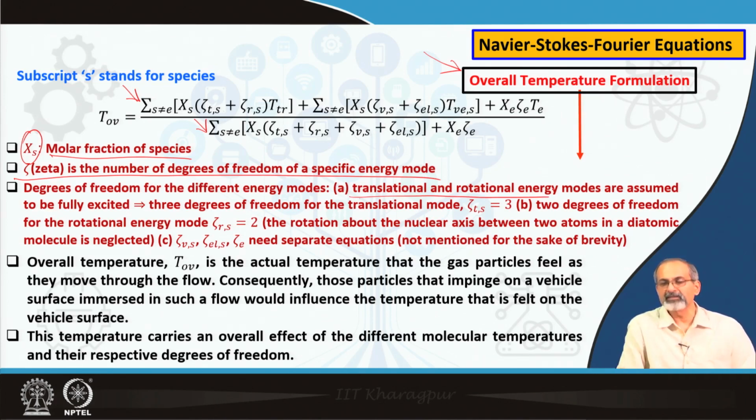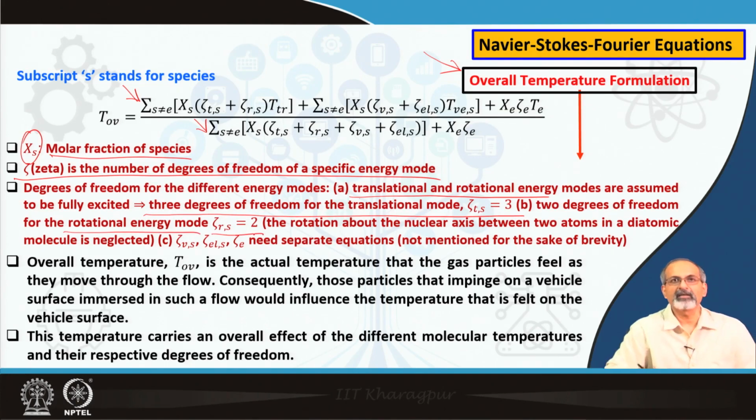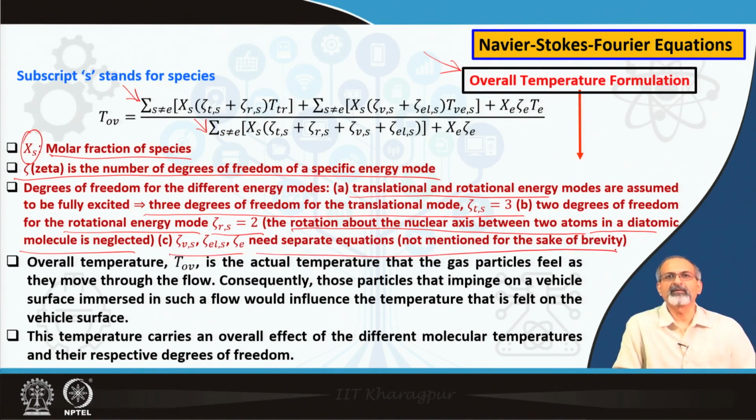Translational energy mode is assumed to be fully excited, therefore 3 degrees of freedom, zeta Ts is 3. 2 degrees of freedom for the rotational energy mode, zeta Rs is equal to 2. Rotational energy about the nuclear axis between two atoms in a diatomic molecule is negligible, and the remaining zeta terms need separate equations, which we are not probing here for the sake of brevity.